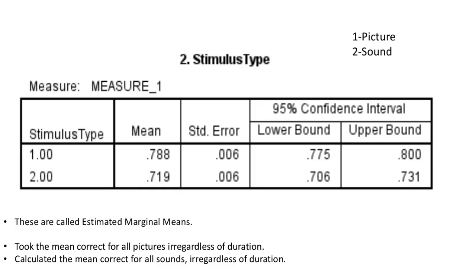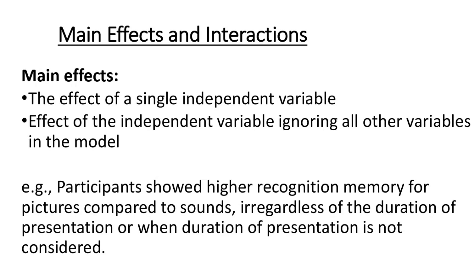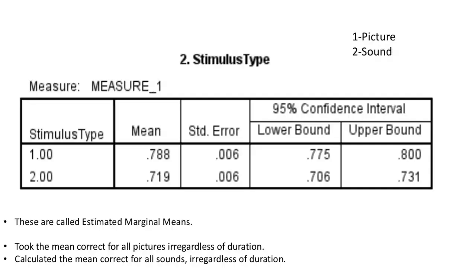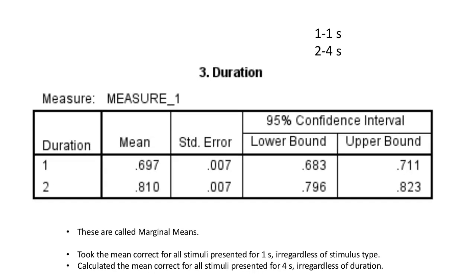And you could do the same with these main effects. You could predict, before the results come up, that pictures are recognized better than sounds, irrespective of the presentation time. And then you could say all stimuli are remembered better when they're presented for a duration of 4 seconds compared to 1 second, irrespective of the type of stimulus.